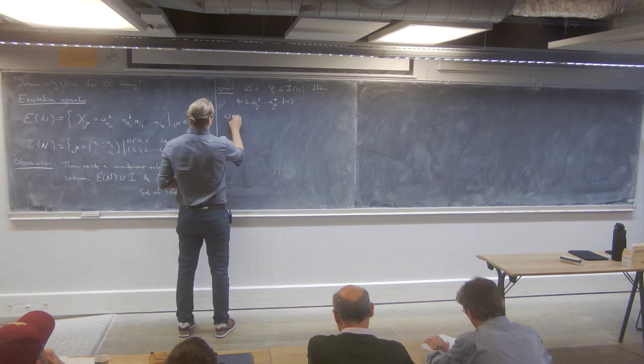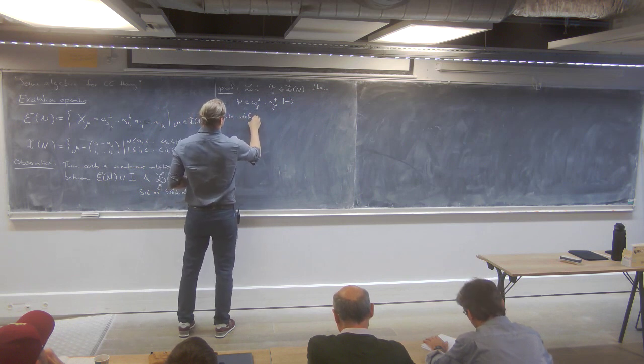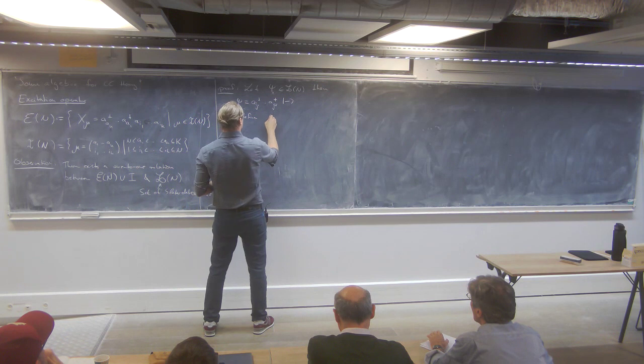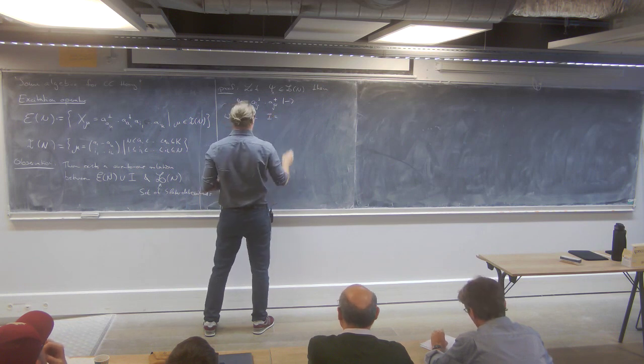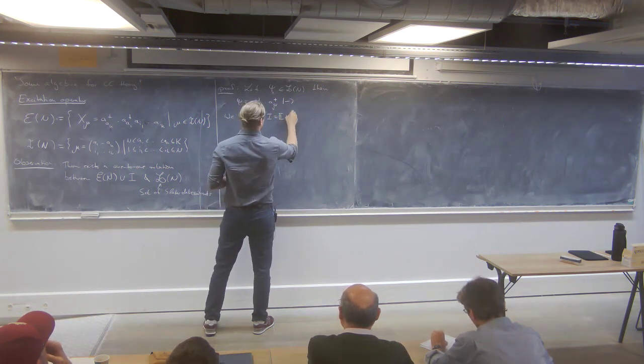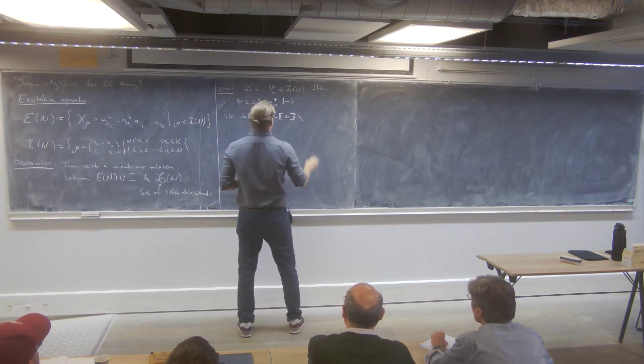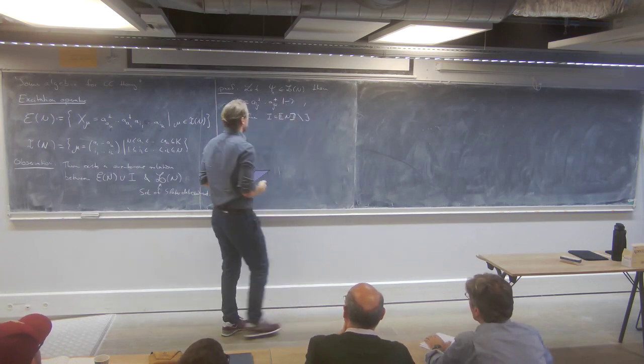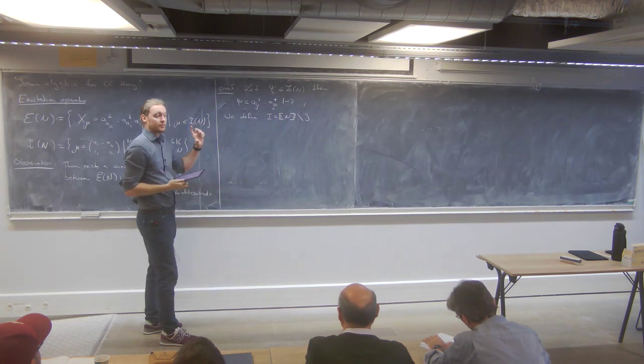Okay, but then, well, we just define the index set I to be N without J. Okay, so now I use two kinds of notations.